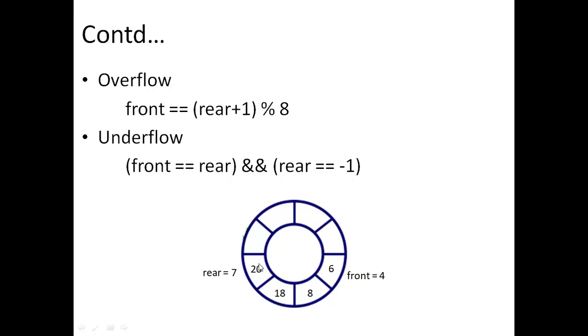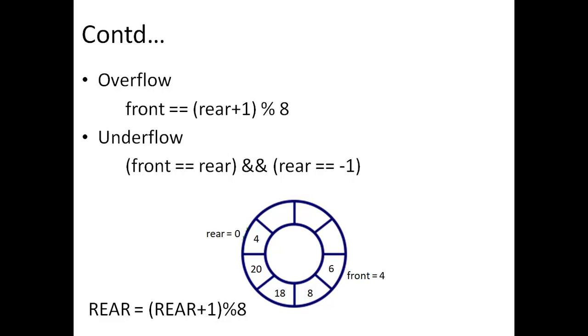When we insert a new element, then this rear has to be updated. So we have to increase it by 1, and 7 plus 1 will give us 8. But the allowed indices range from 0 to 7.